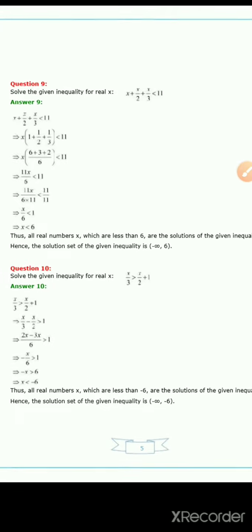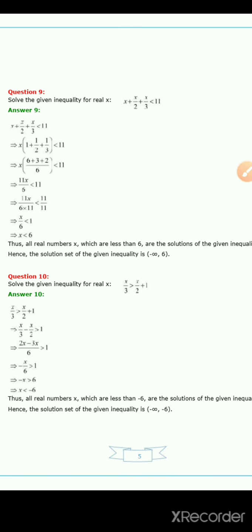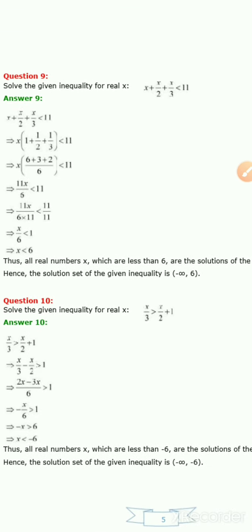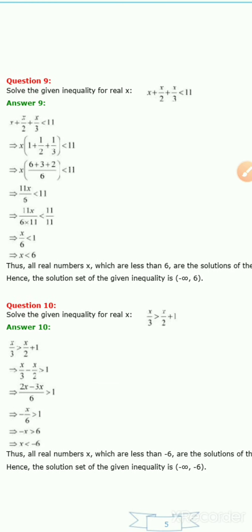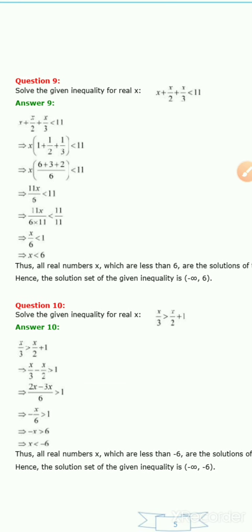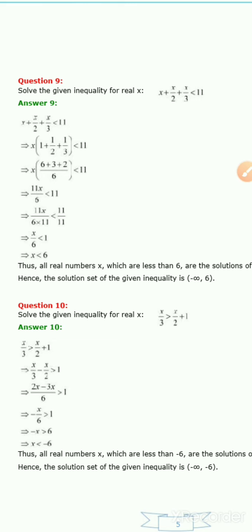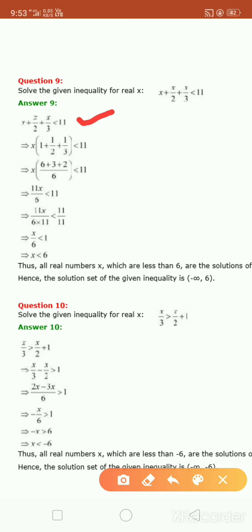See question number 9. You can see here the division method, right? Solve the given inequality for the real x: x plus x by 2 plus x by 3 is less than 11. We can take the common term from here, right?